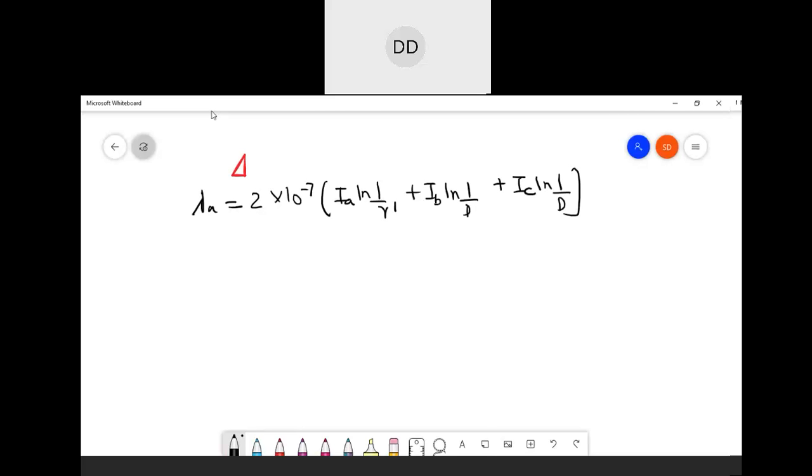One more essential thing we noticed is Ia plus Ib plus Ic is equal to 0. In other terms, we can write Ib plus Ic is equal to minus Ia.